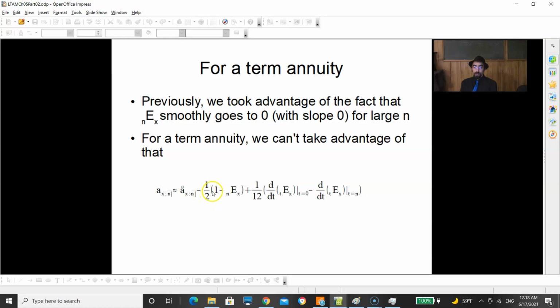The base is 1. The height is going to be this difference. And then similarly, for the next order term, I need 1/12 of derivative at t equals 0 minus derivative at t equals n. If you don't remember where the 1/12 comes from, go back to the Chapter 2 video where I discuss it there. It comes from cubic splining. And I walk through the derivation there.